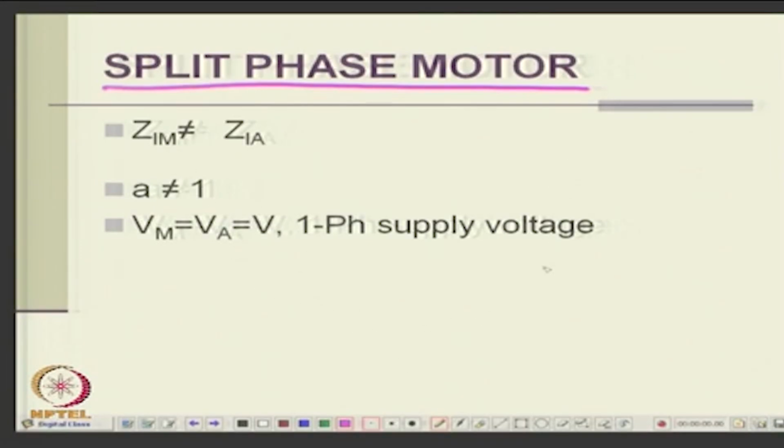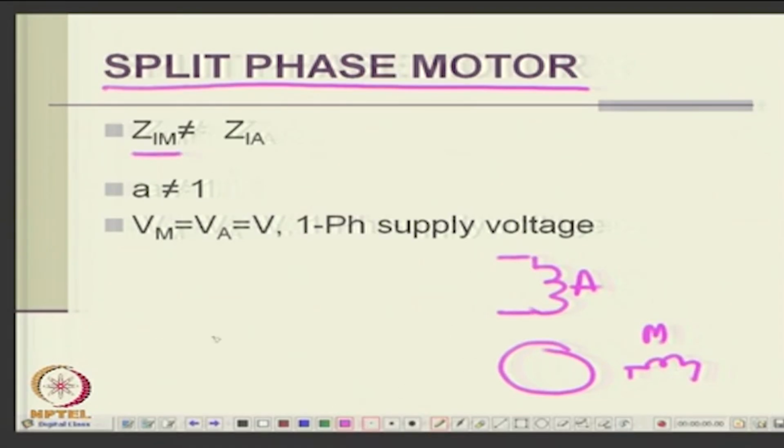You have the auxiliary winding and main winding. The main winding has series impedance ZL M, that means its R main winding, XL main winding.